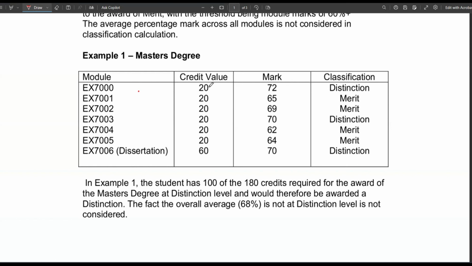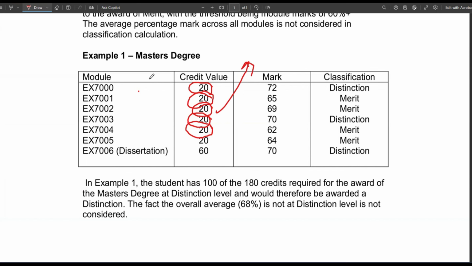If you have distinction in this module, that's 20. Another distinction in this module, that's 40. Distinction here again, that's 60 credit value altogether. Then distinction again here, that's 80. Then again here, that's 100 altogether, which qualifies you for distinction. Right. Now let's look at this example.